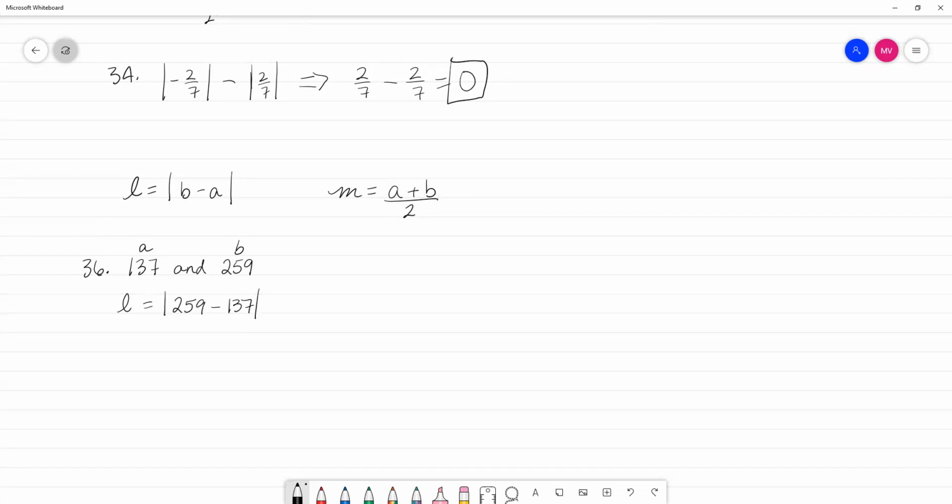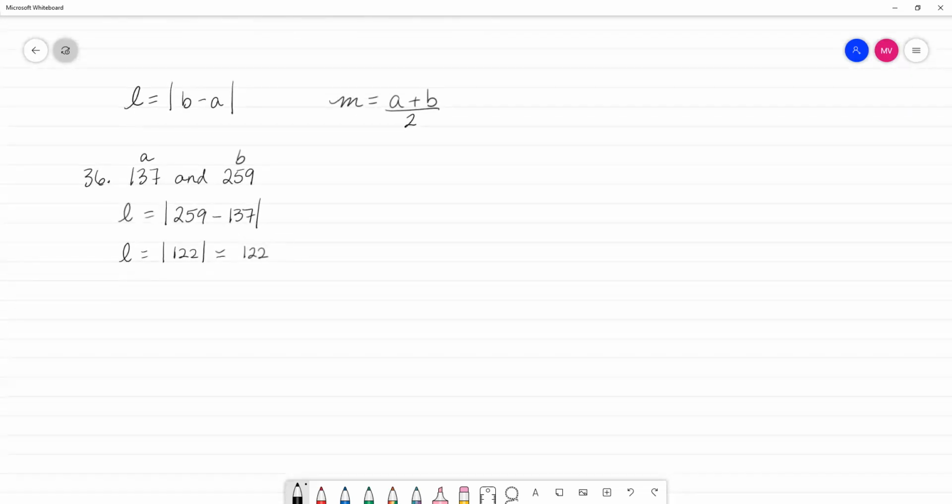And I'm absolutely using a calculator, so this doesn't take forever. And we have 259 minus 137 gives us a length with an absolute value of 122, which is 122.